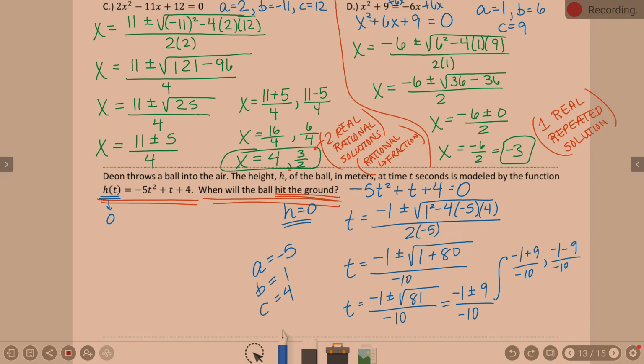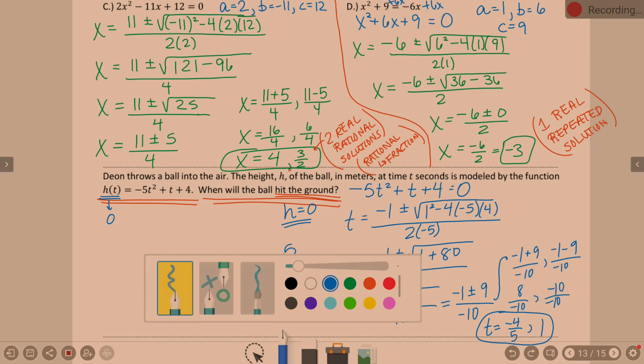Negative 1 plus 9 is 8 divided by negative 10, which is negative 4/5. Negative 1 minus 9 is negative 10. Negative 10 divided by negative 10 is positive 1. So I just got answers of negative 4/5 and 1.